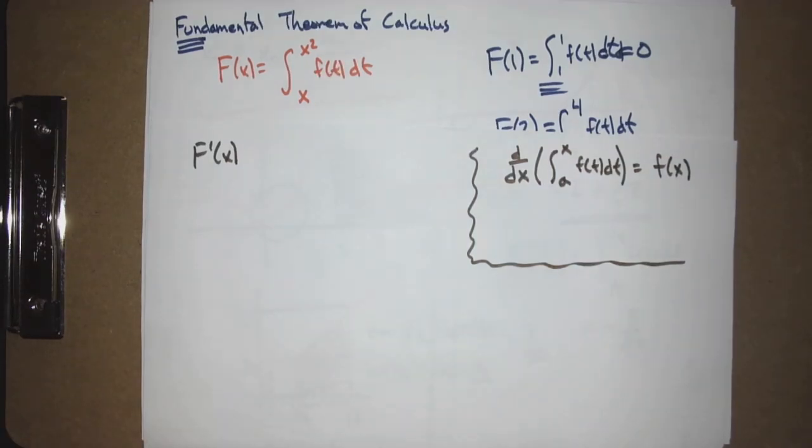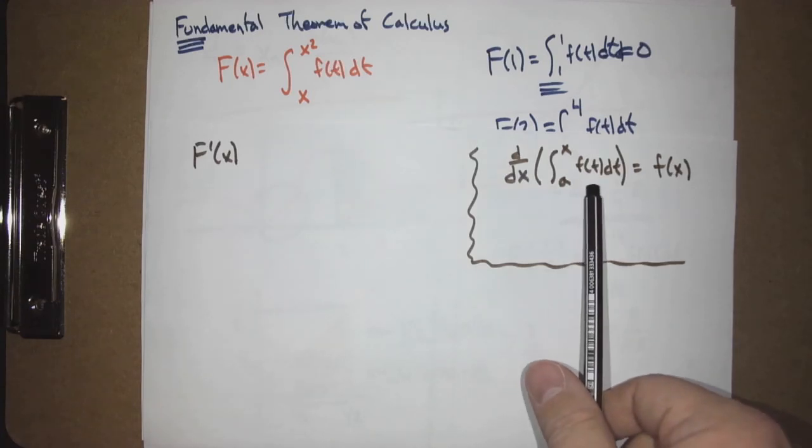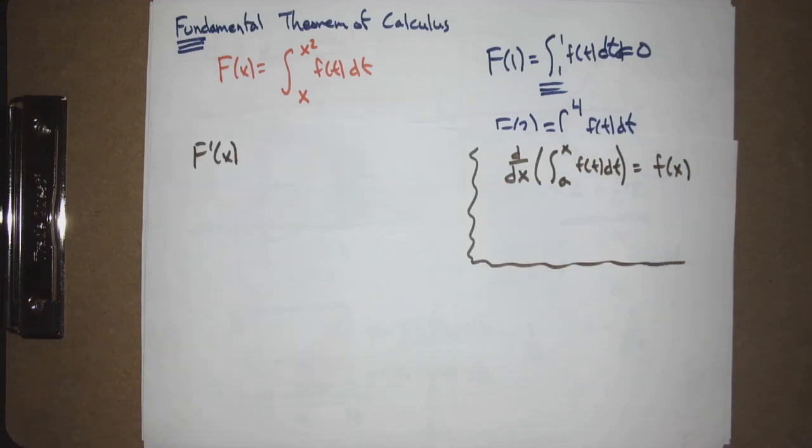Essentially what we're saying is, when you integrate, you're finding an antiderivative. If you find the antiderivative, it's like you've moved from point A to point B. The derivative moves you back. So you're going to get back to where you started. That's why you end up with f of x.